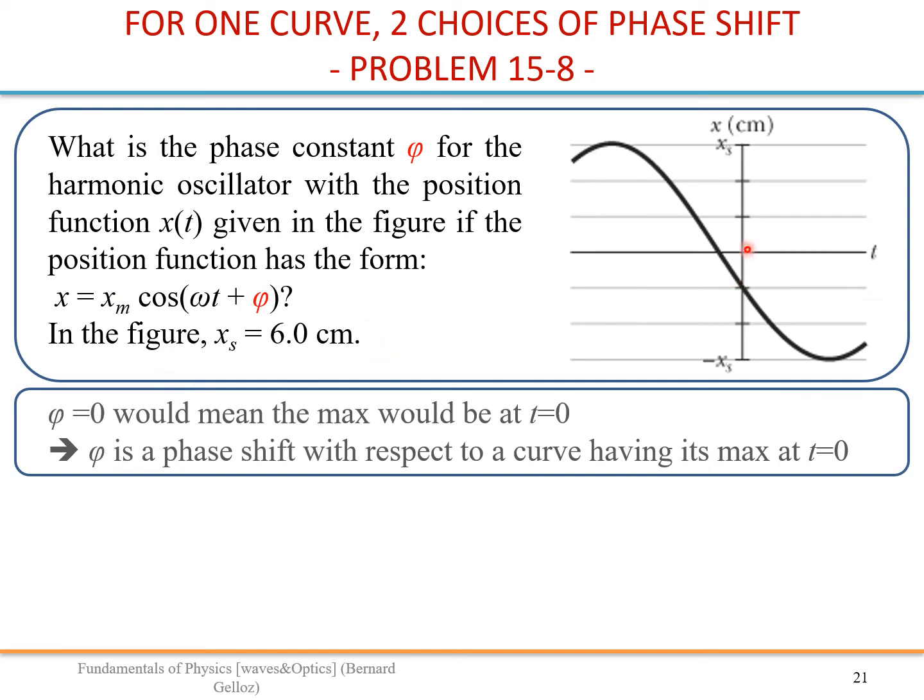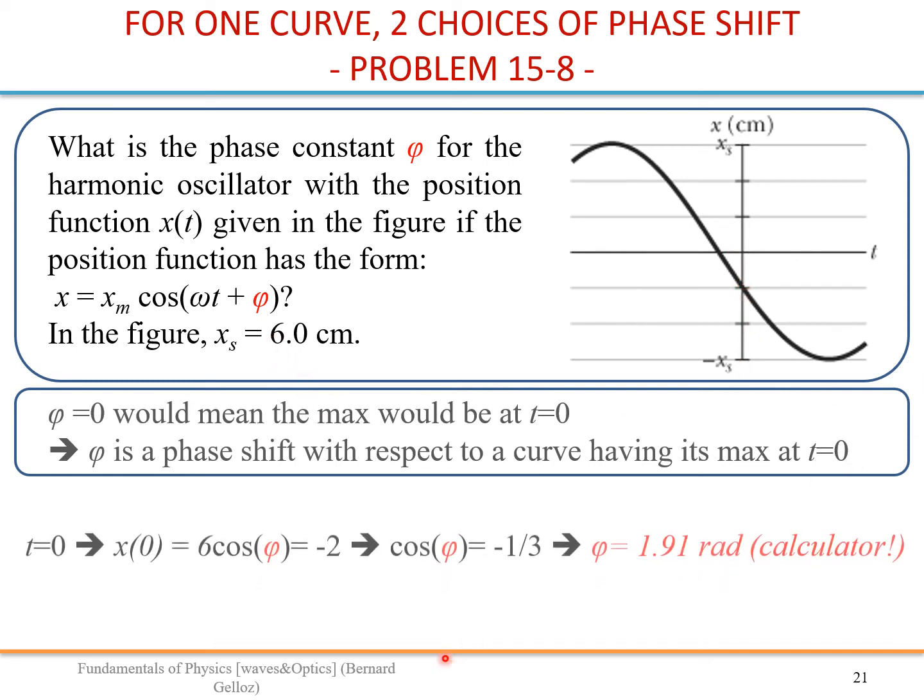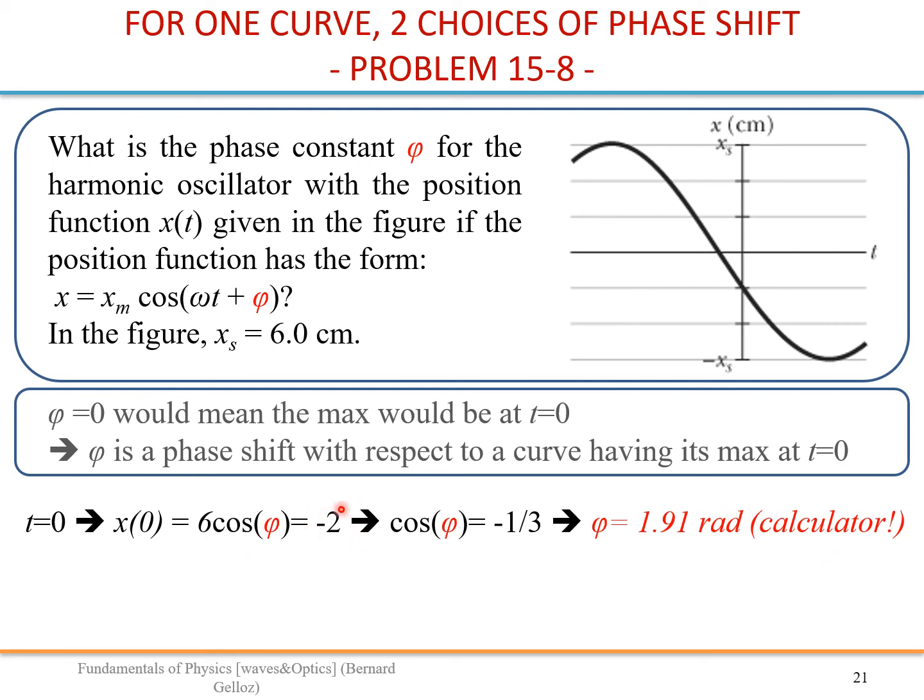Okay, so t equals 0, x equals this number, which is 1/3 of the maximum. So 1/3 of the maximum negative is -xs over 3, and xs is equal to xm, in fact, here. Okay, so we have this equation, so we can easily solve for phi.